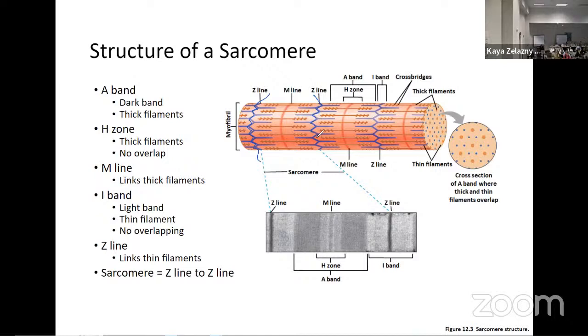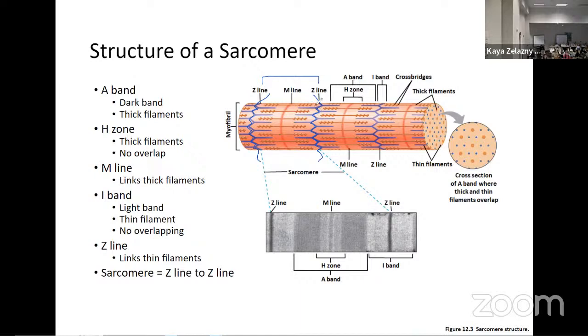Okay. So here we have a sarcomere. I'm going to start at the end because our sarcomere is measured from Z line to Z line. Okay. So this is our sarcomere. This is that unit I was talking about. Those are the endpoints of our sarcomere.